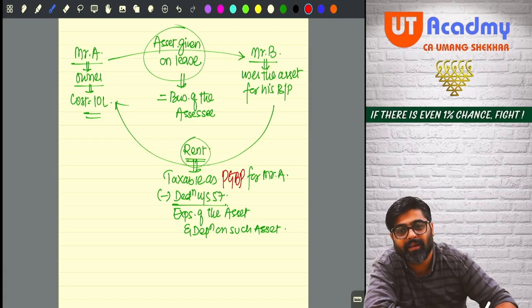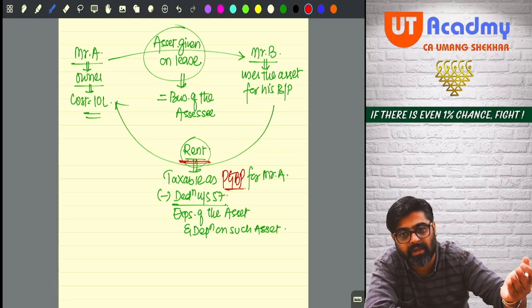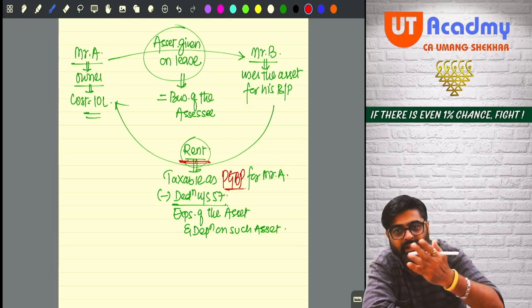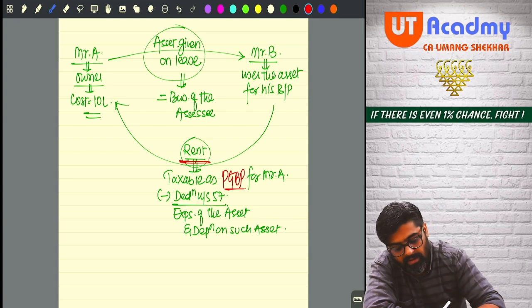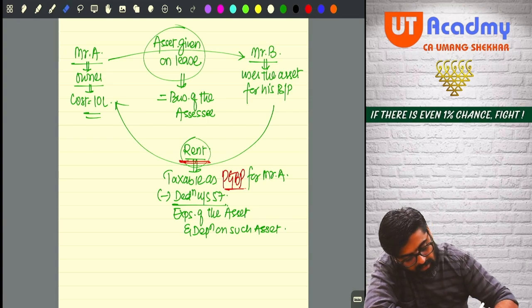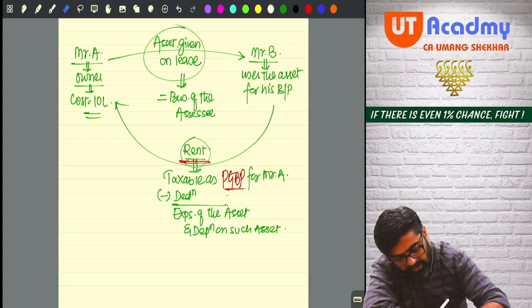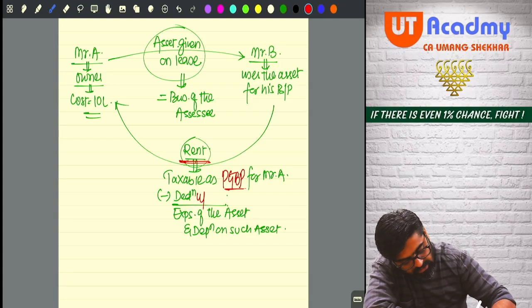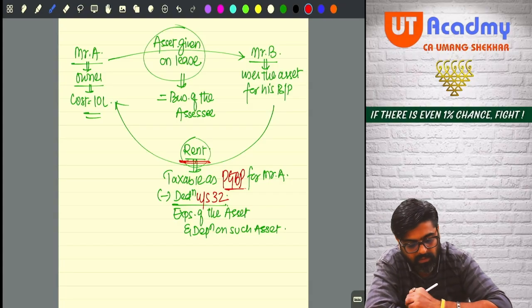Understanding? Now this rent will be my PGBP income because my business is to give the assets on rent and earn this rent. So this rental income is my PGBP income. Now from this rental income only, I am going to claim the deduction under section 32.